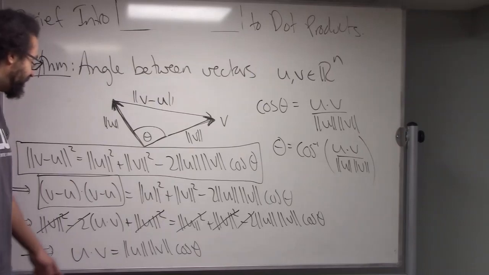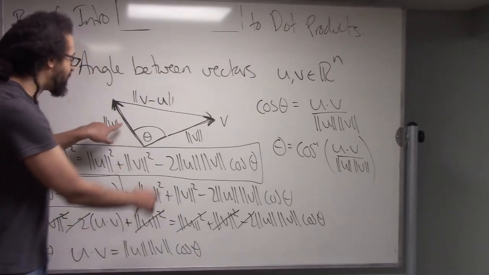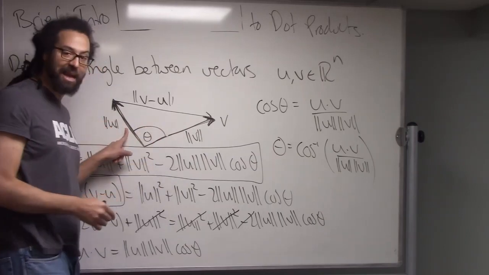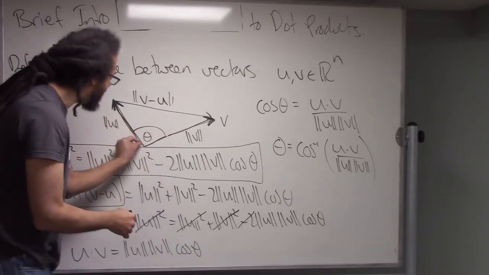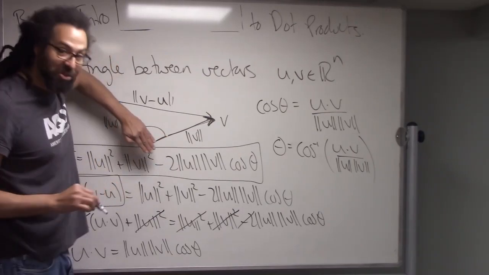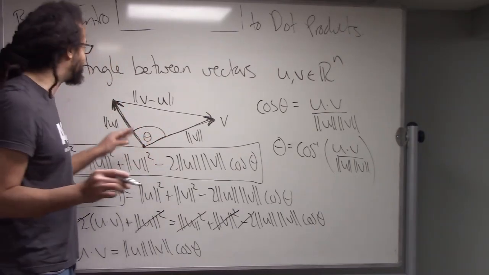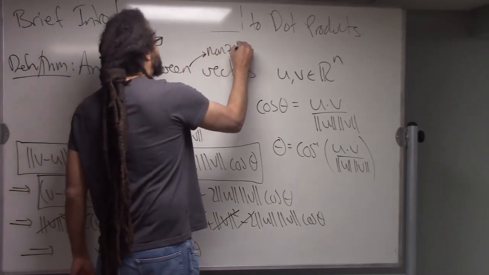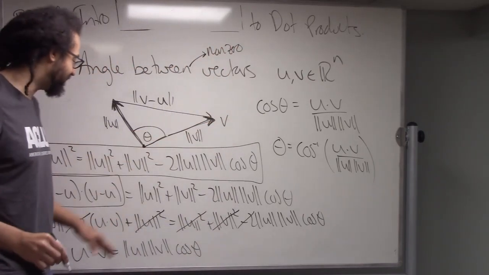We want to assume that these vectors are not zero. Otherwise, we don't want to talk about the angle between two vectors. If one of them is 0, then there is no angle between the two vectors. That should be undefined. So the angle between two non-zero vectors is what we're doing here.